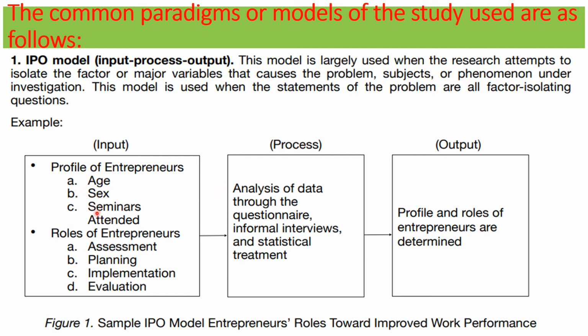Maybe you can use the IPO model: input, process, output. The IPO model is usually used when your research problem or the statements of the problem are all factor-isolating questions.